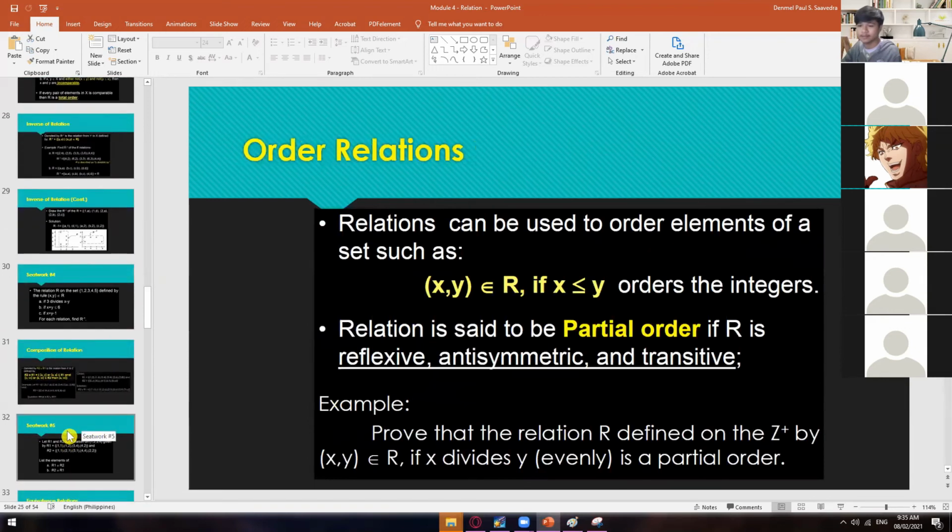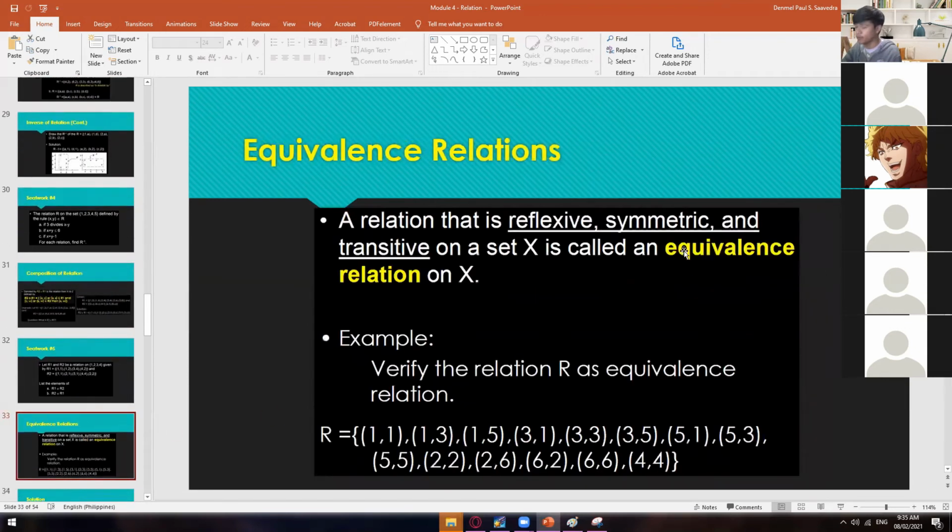But right now, we have the equivalence relation, wherein it is reflexive, but it is now symmetric instead of anti-symmetric, and it's still transitive. So for partial order, it is RAT, but for equivalence relation, we have here the RST, right? So those are their only difference.